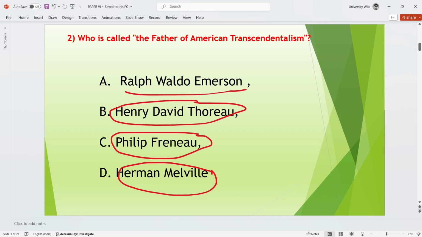Emerson's essays, such as Nature and Self-Reliance, helped define transcendentalist philosophy and had a profound influence on American literature and thought.